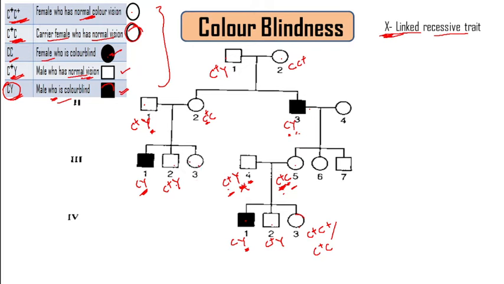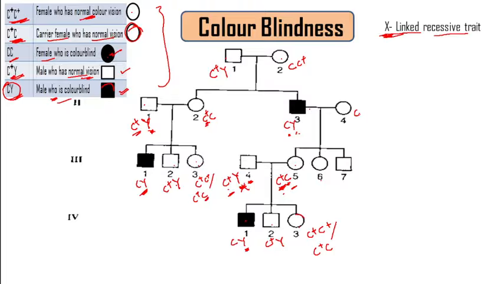This female would have inherited C plus from the father, and either C plus or C from the mother, because in both these conditions the female is normal. What is left now? This. This is CY.